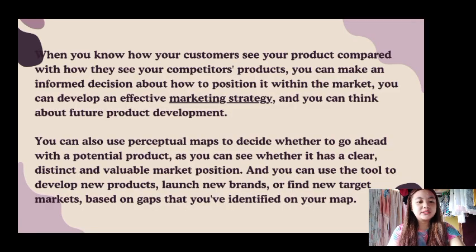To explore this, you would label the left side of the x-axis unhealthy and then the right side healthy. You would then label the top of the y-axis fun and the bottom boring. You would plot your cereal along with your competitors' cereals on the graph, according to what your customers say.